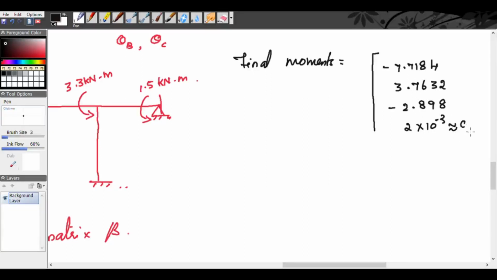This is approximately equal to 0, right? So minus 0.861 and minus 0.432.